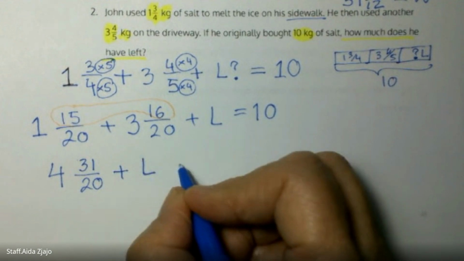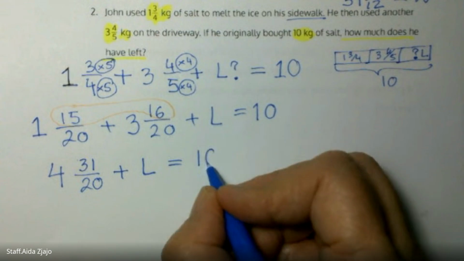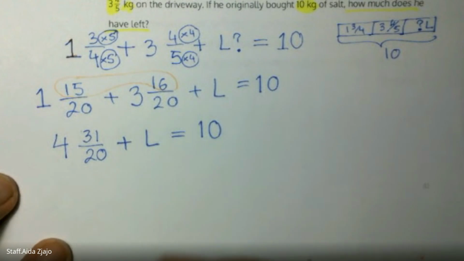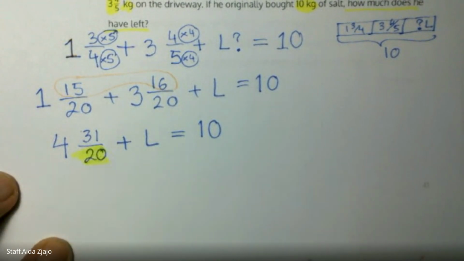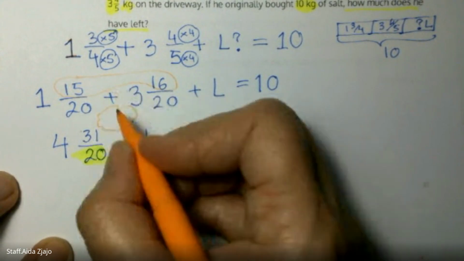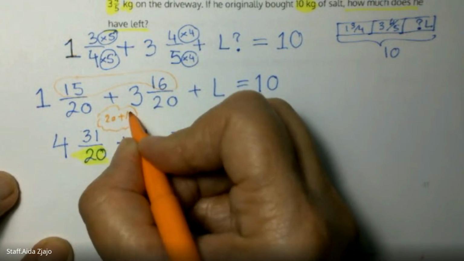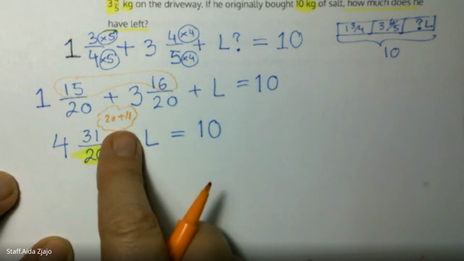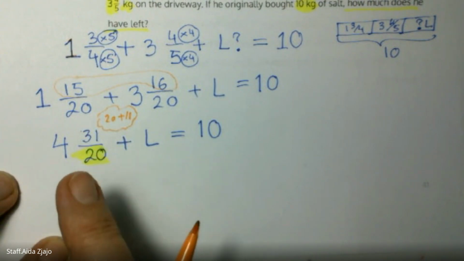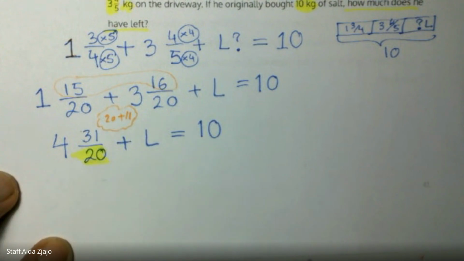Plus leftover must equal 10. Again, we can think about 20 pieces makes a whole. If you like, here you can do a bubble. You say 20 plus 11 makes 31. So 20 20ths will make a whole, and then 11 20ths will be left.